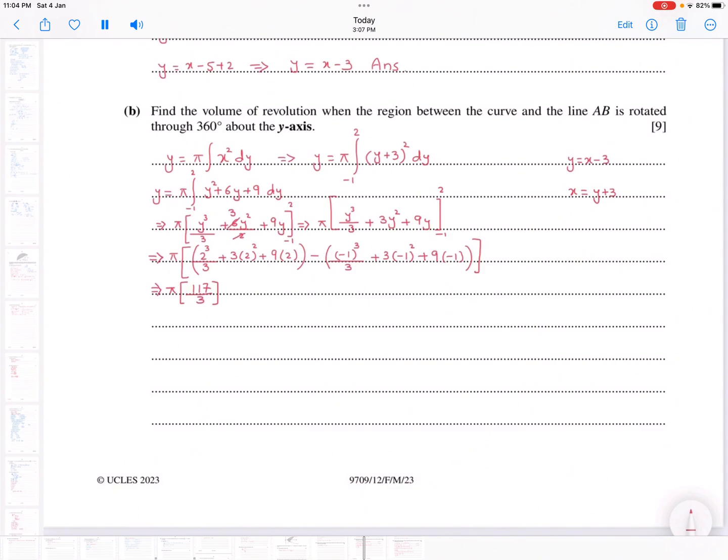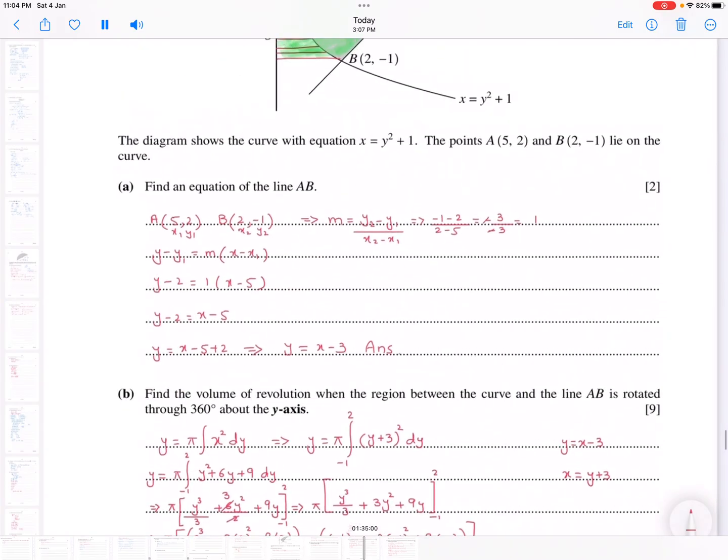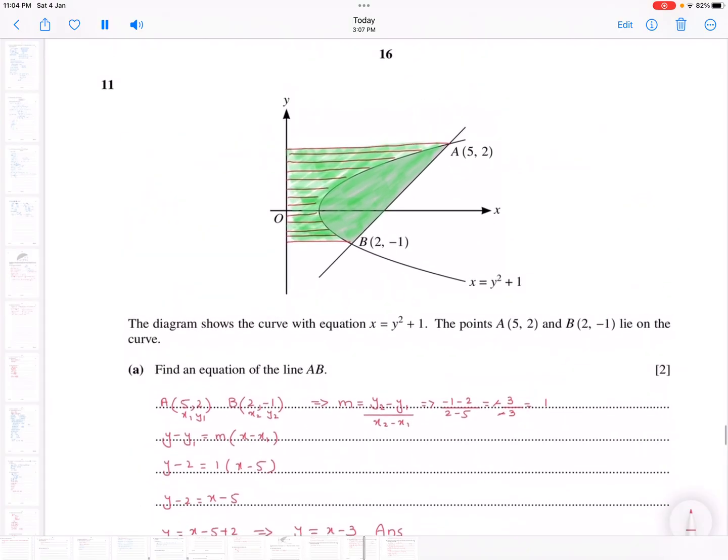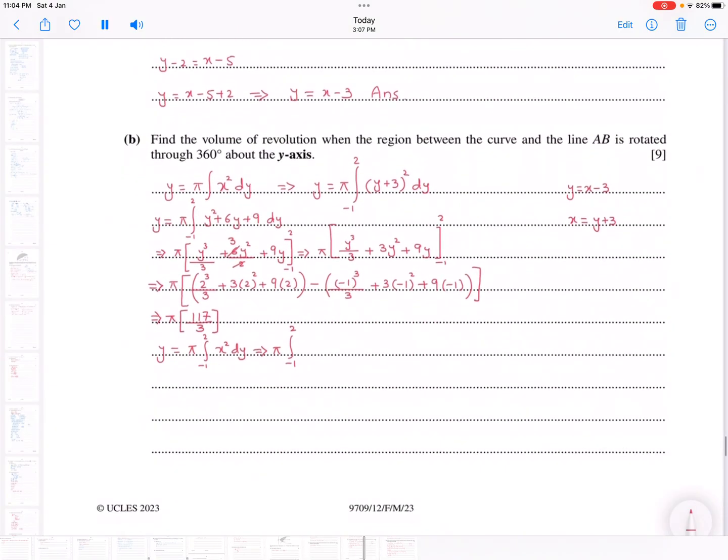So this is my first portion, which was green, and now let us work with the volume of the red portion. Y equals pi integral minus 1 to 2 of x square dy, and the equation of the curve gives x square equals y square plus 1 whole square dy.